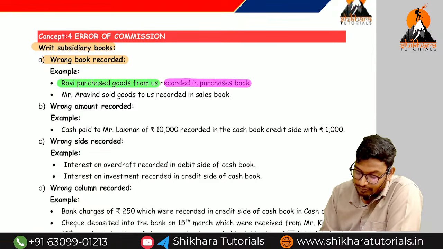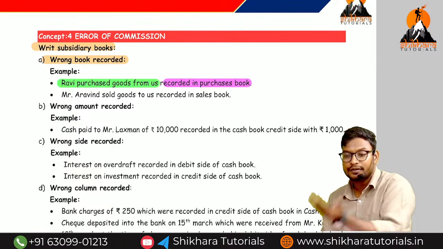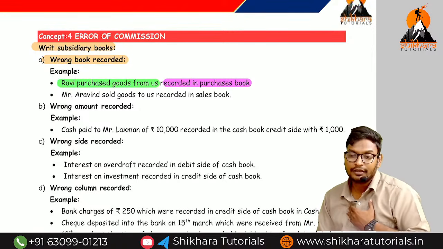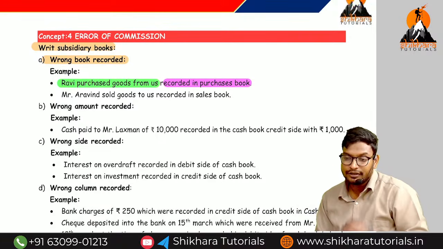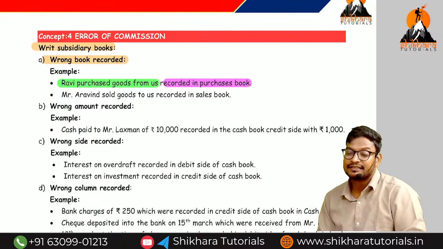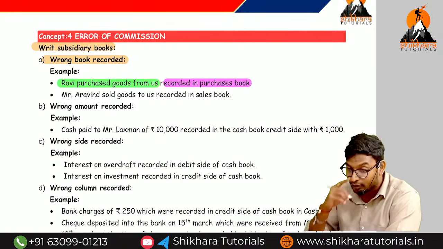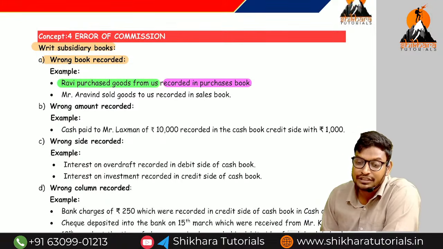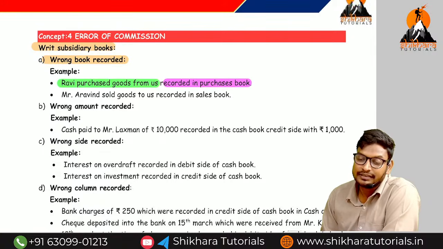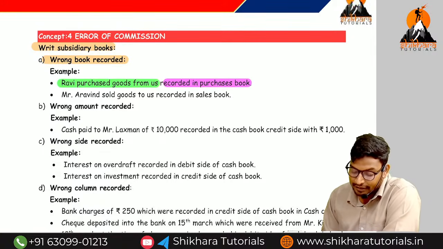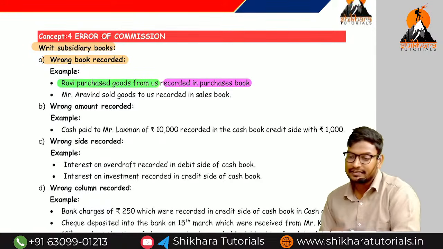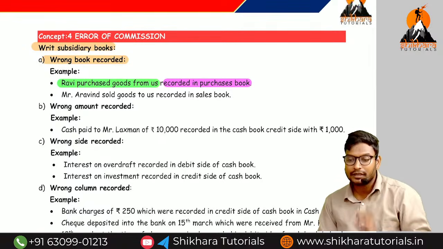Recorded in the purchase book. Ravi purchased goods from us means we have made sales to Ravi. Credit sales or cash sales? Credit sales. Normally credit sales are recorded in the sales book. But instead of recording in the sales book, they have recorded in the purchase book. This is called wrong book recorded.